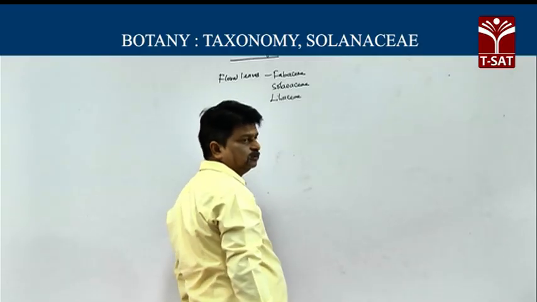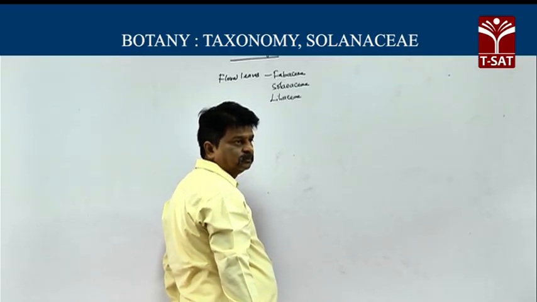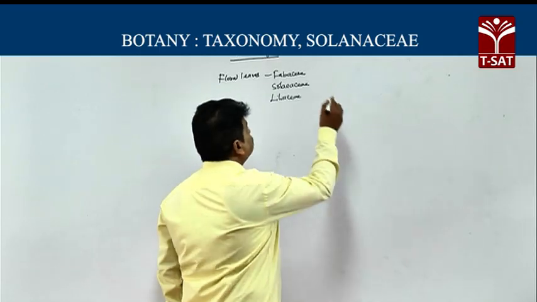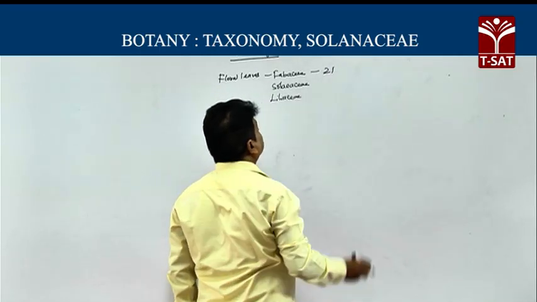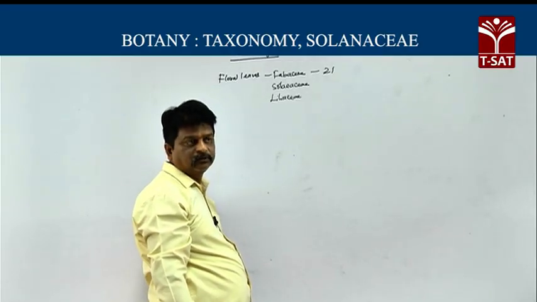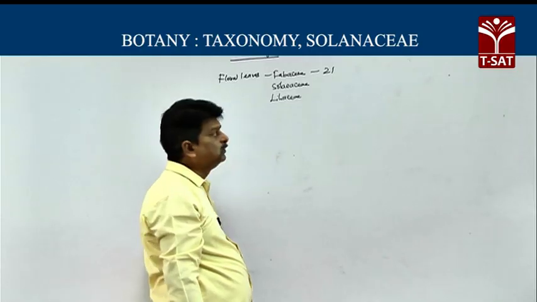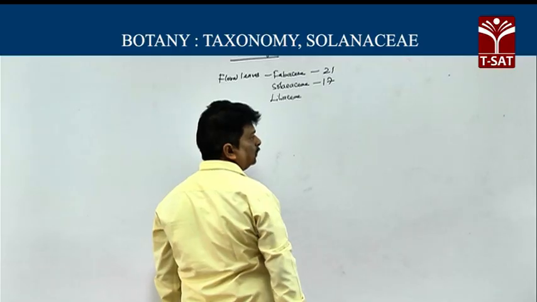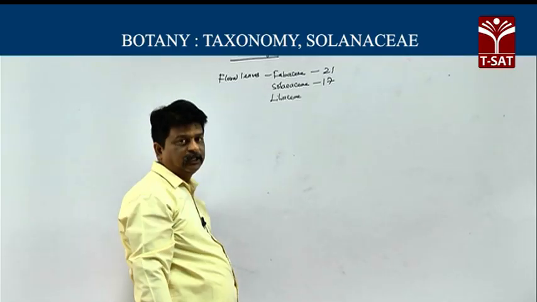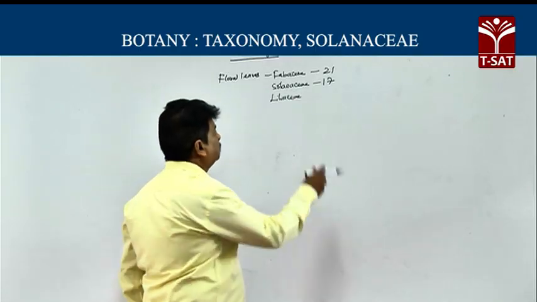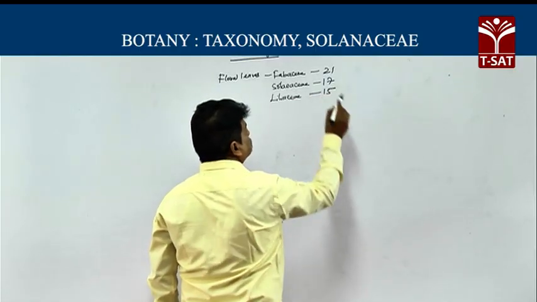Fabaceae, sepals 5, petals 5, stamens 10, carpels 1, total 21. Solanaceae, sepals 5, petals 5, stamens 5, carpels 2, total 17. Liliaceae, perianth members 6, stamens 6, carpels 3, total 15.